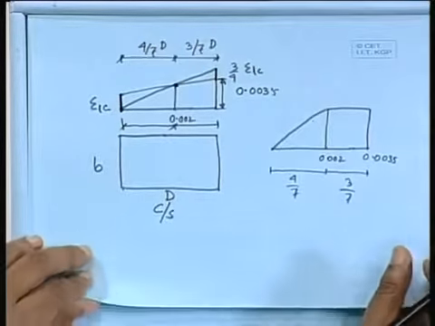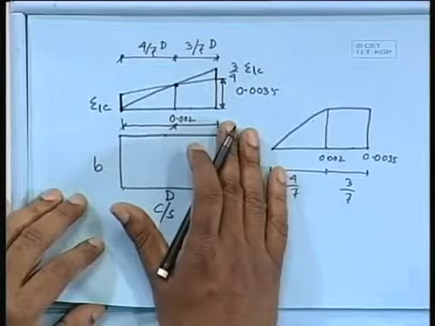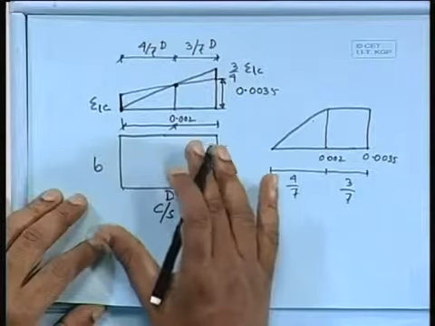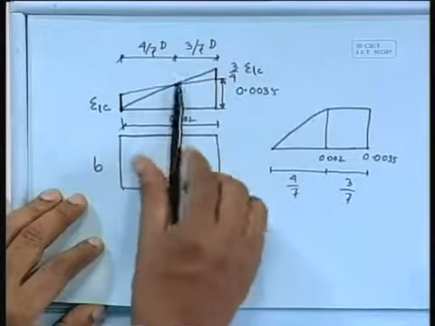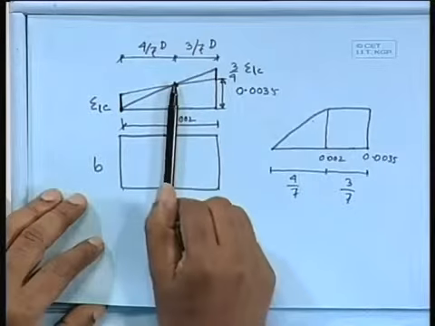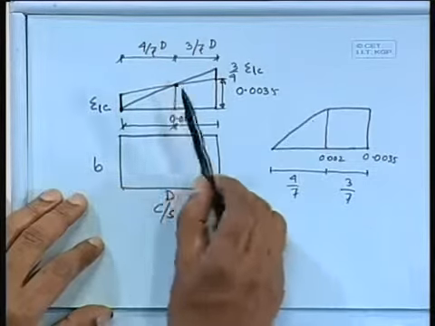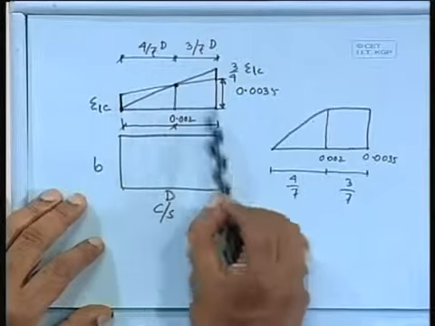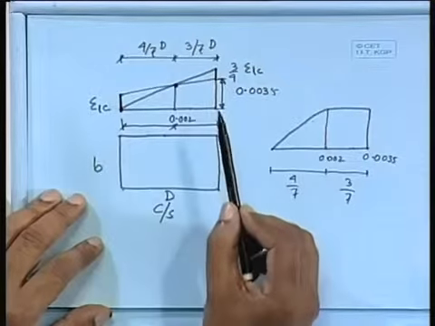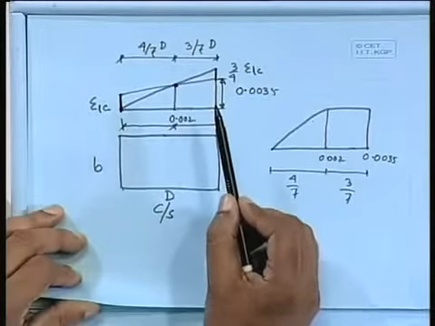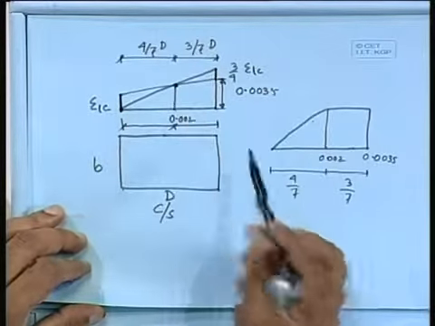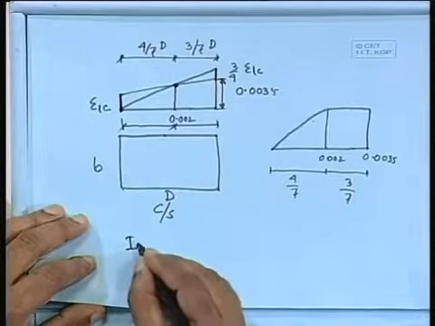It is important because for uniaxial bending, where the moment is acting only about one axis, and the column is also axially loaded, we can find out from this strain diagram as well as from the stress the capacity of that particular column. That is actually called your interaction diagram.